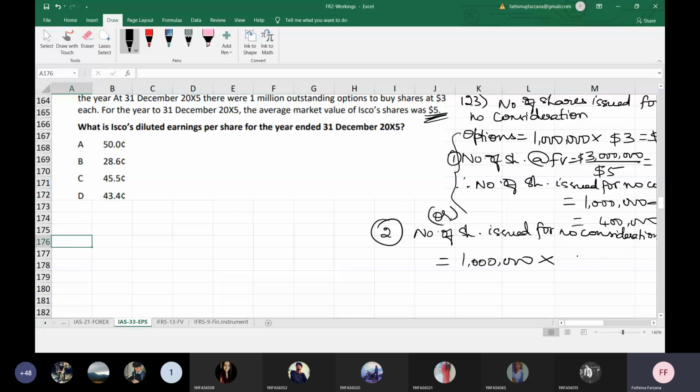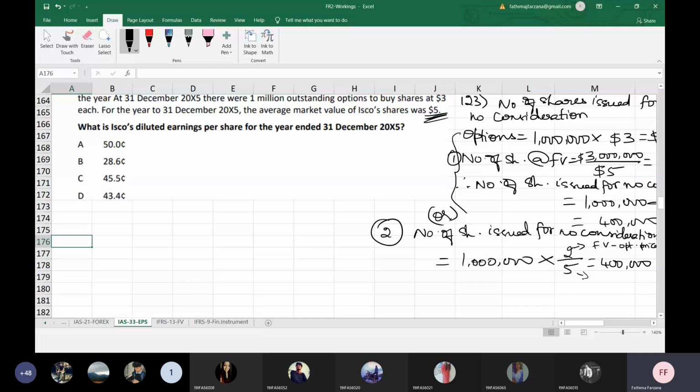Free, I'm telling, no consideration. How much is the free amount in my fair value? Out of fair value 5, how much am I paying? 3. How much didn't I pay? 2. So 2 by 5. Out of 5, 2 I didn't pay, but I got it. So how much is it? 400,000.